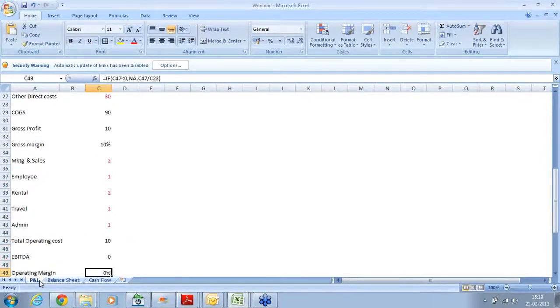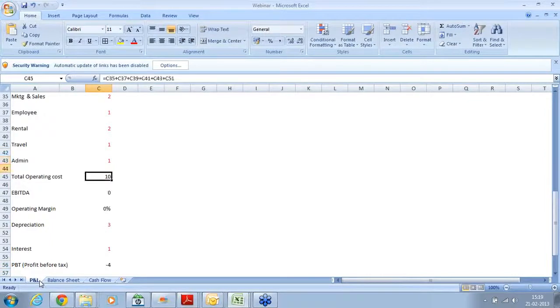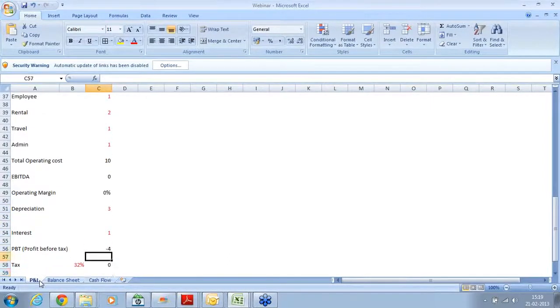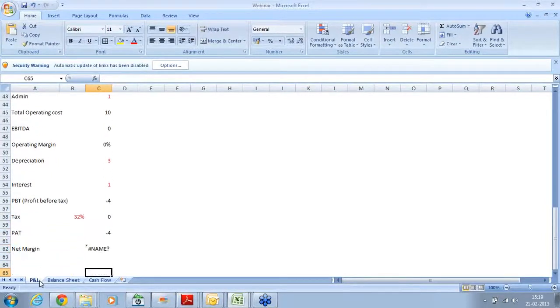See, EBITDA is here 0. EBITDA 0, margins. Then just look, I told you after your operating expenses, even here, if you have just achieved this, you got your interest, which is 1 rupee. You got your PBT, profit before tax, which is -4. Once again, you're a loss-making company.